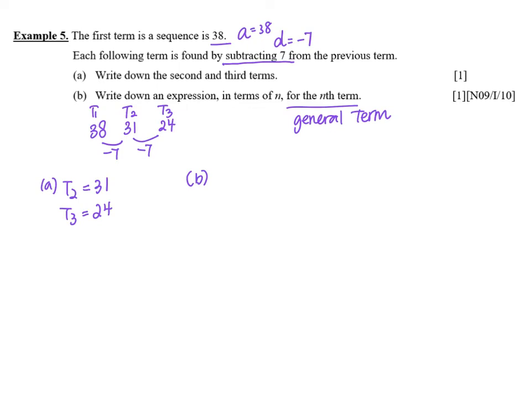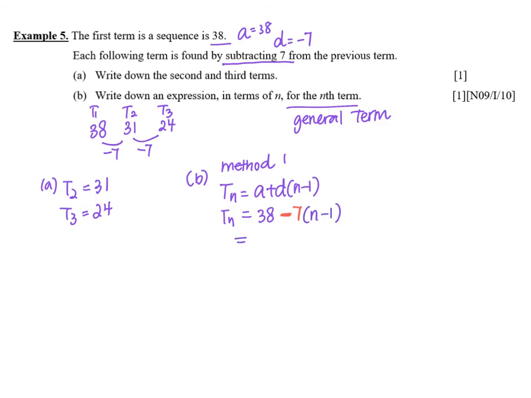Method number 1, we're going to use the formula that we have. Term n, for those with a constant difference, will be a plus d times n minus 1. So Tn will be, taking the first term as 38, the difference is now subtracting 7. So this one should be not adding the difference, but subtracting a difference, multiplied to n minus 1.